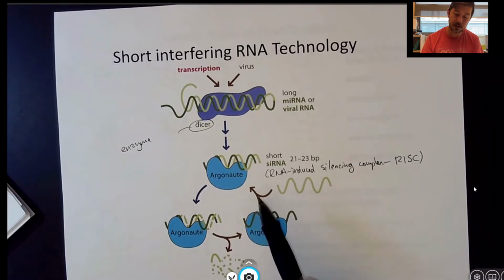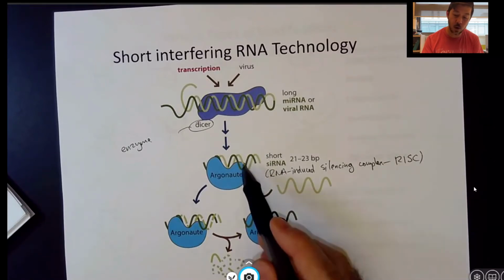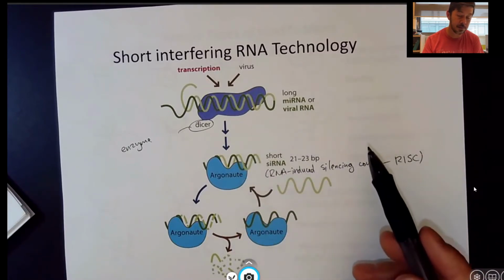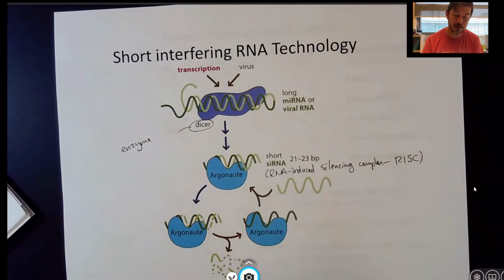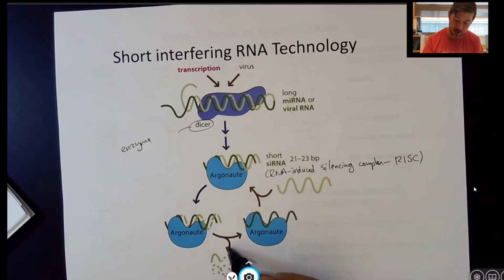So this is a very simplified version, but what's going to happen is that one of the strands is going to leave, and then it's going to be able to have base pairing complementarity to a messenger RNA. So once it does that, you can see here in this light green that you have this degraded RNA, and Argonaute 2 is catalytic.